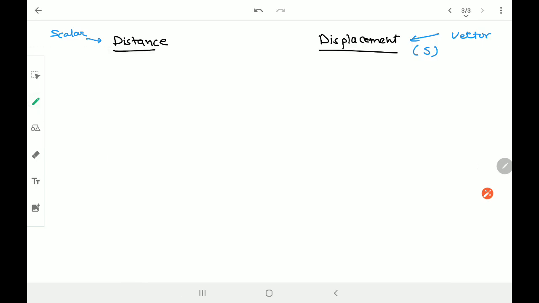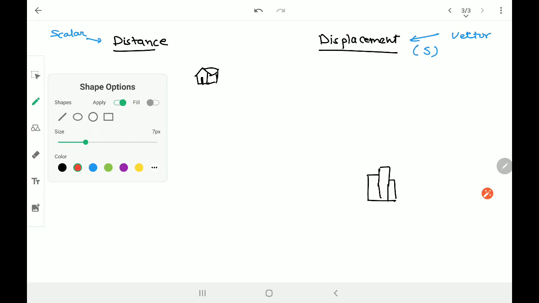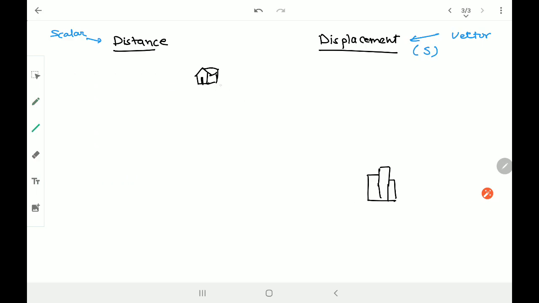Just imagine this is my house, and here is the school building. I have to go from my house to the school. So I can go directly from house to the school, isn't it?